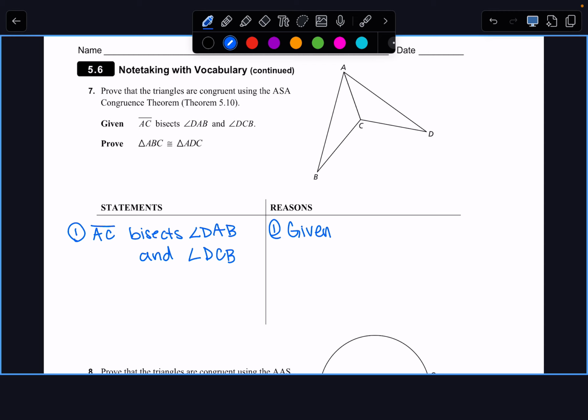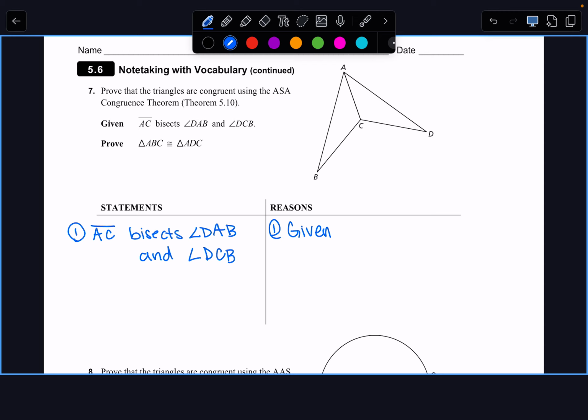But there are always 3 pieces of information that have to be in your statements. Okay? Does our given directly give us any one of the 3? Does it directly give us congruent angles or congruent sides? No, but we need to use it.